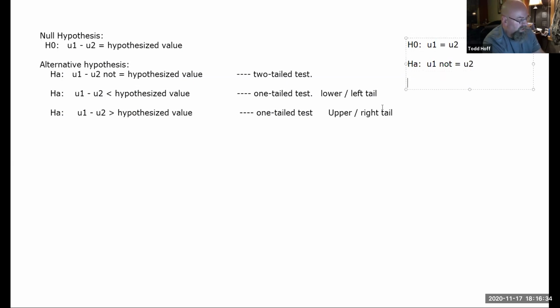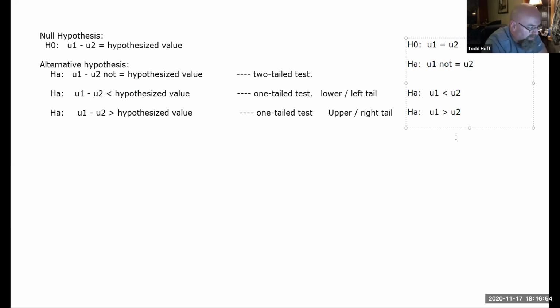This one here, mu1 minus mu2 is less than the hypothesized value, is actually saying that mu1 is less than mu2. This is actually saying mu1 is greater than mu2 by more than the hypothesized value.